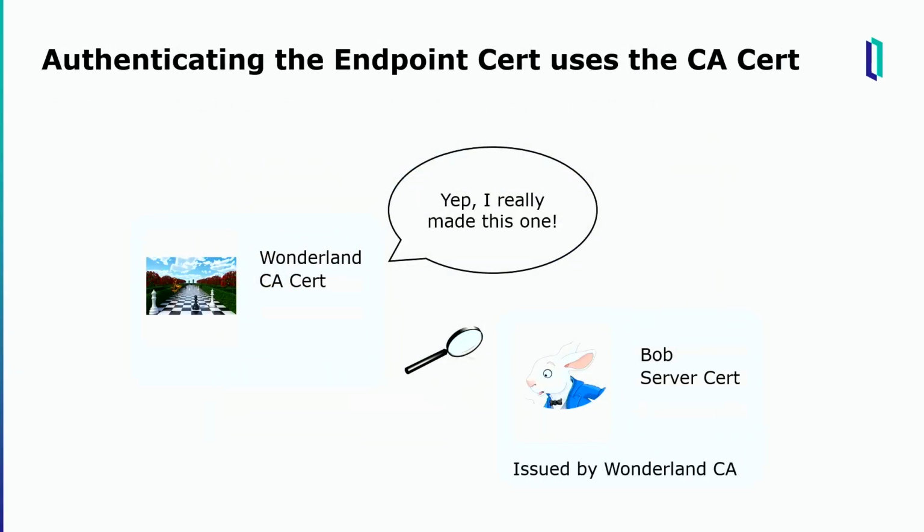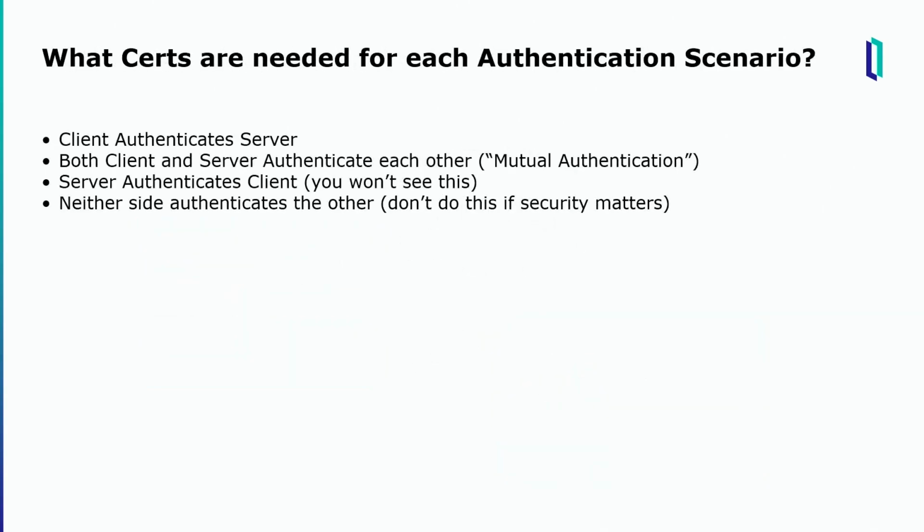And when we say the client authenticates the server, that means that the client checks to see that the server's certificate was issued by a CA that the client trusts. They check that this ID really came from this trusted source. With that in mind, what certificates do you need configured on each side for each scenario?